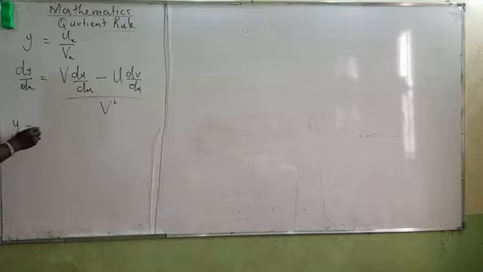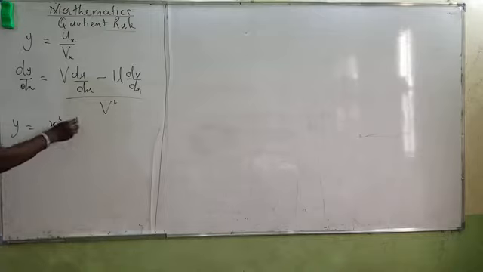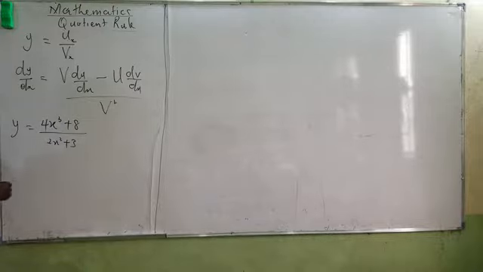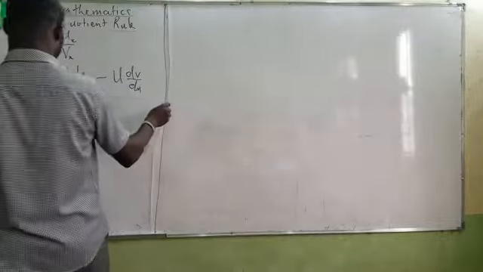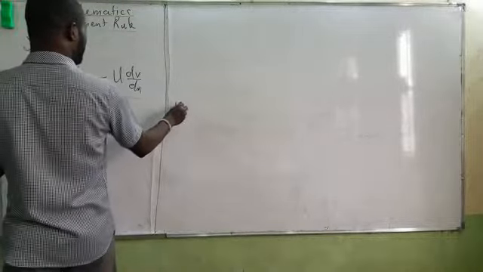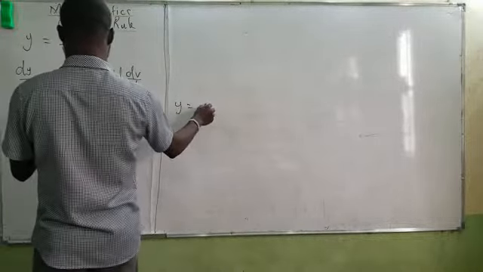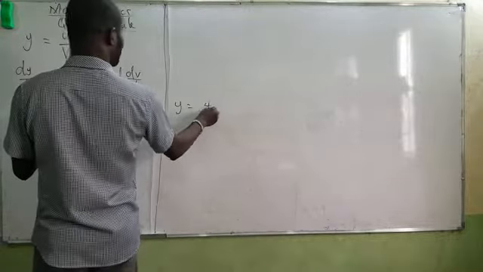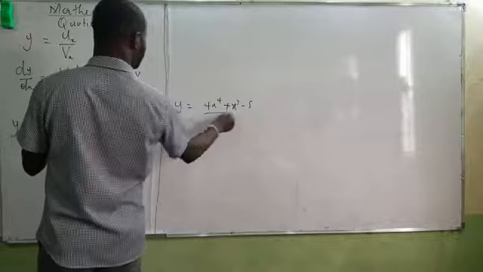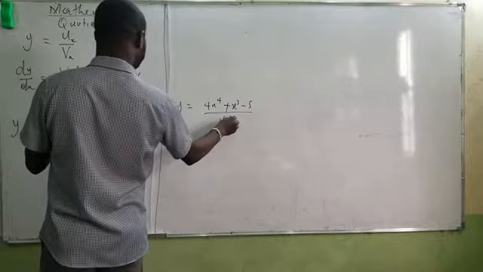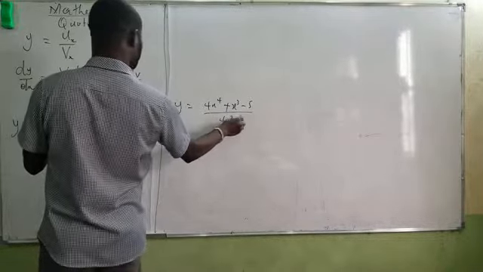Now, my y equals 4x cubed plus 18, divided by 2x squared plus 3. And let me try to have another one here. My y equals 4x to the power 4 plus x cubed minus 5, divided by 4x squared.